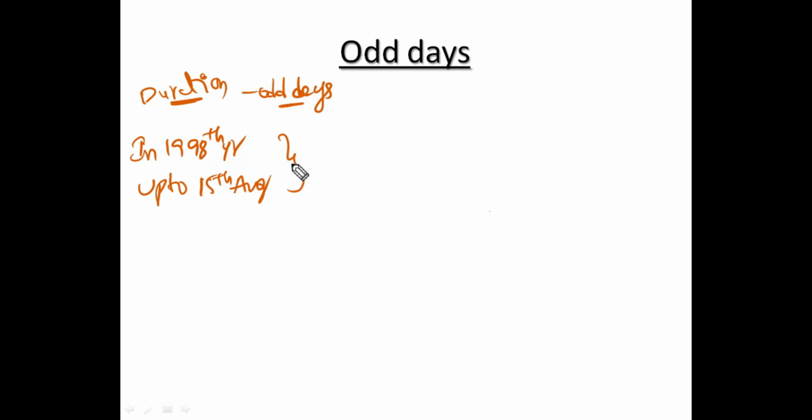Up to 15th August means we need to start from January: January plus February plus March, April, May, June, July plus August up to 15 days only. No need to write all the days; simply writing the odd days is enough.